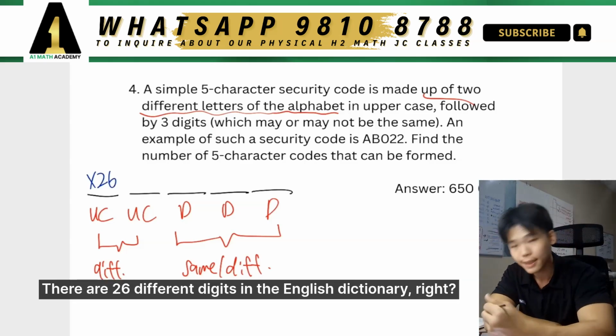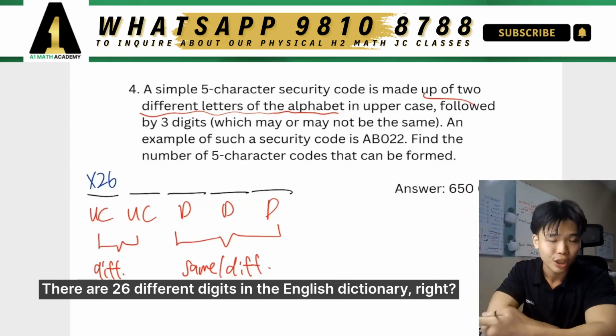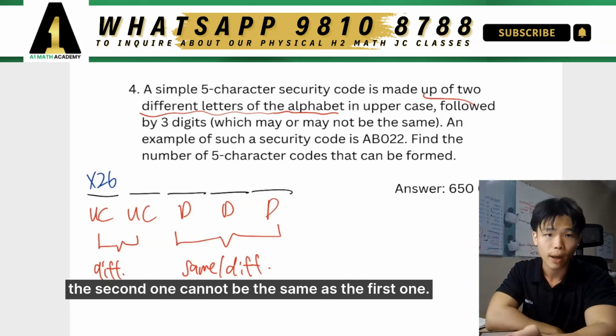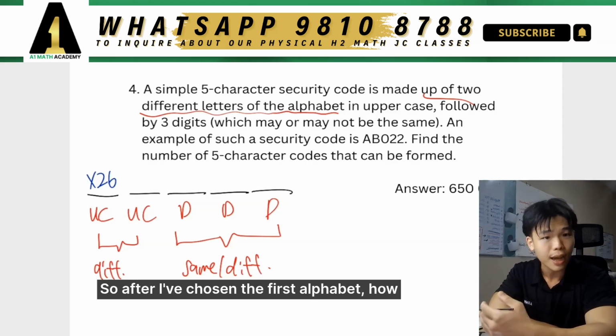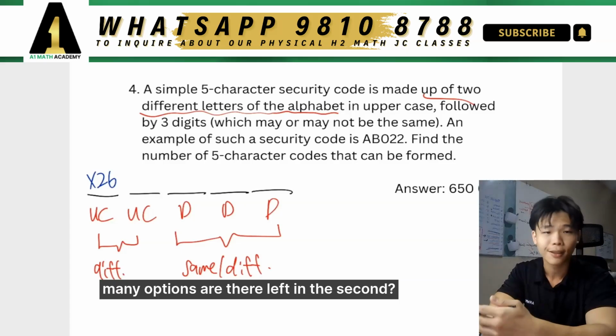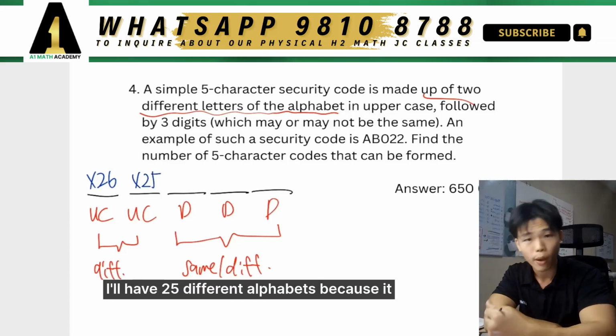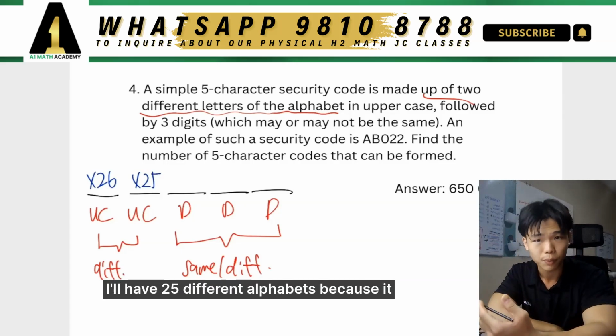There are 26 different letters in the English alphabet. But remember, the constraint of the question is that the second one cannot be the same as the first one. So after I've chosen the first alphabet, how many options are there left in the second? That means over here, I will have 25 different alphabets.